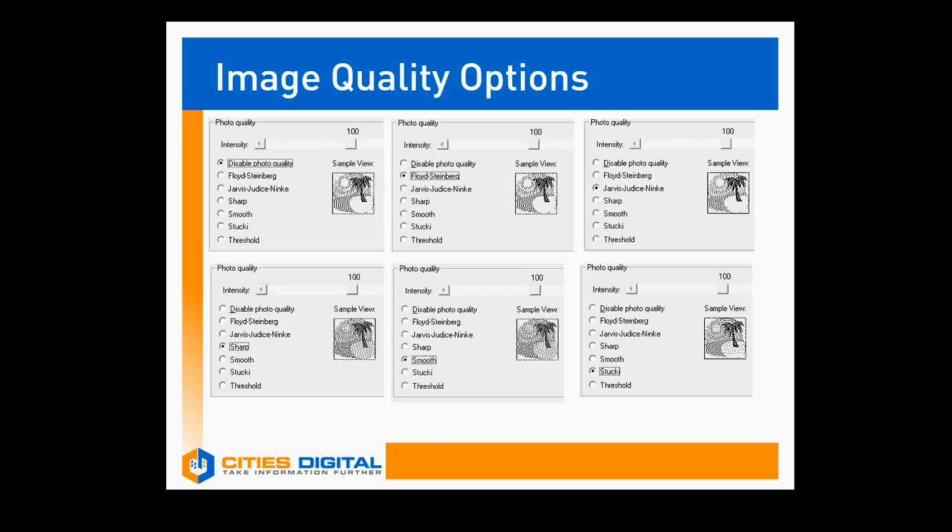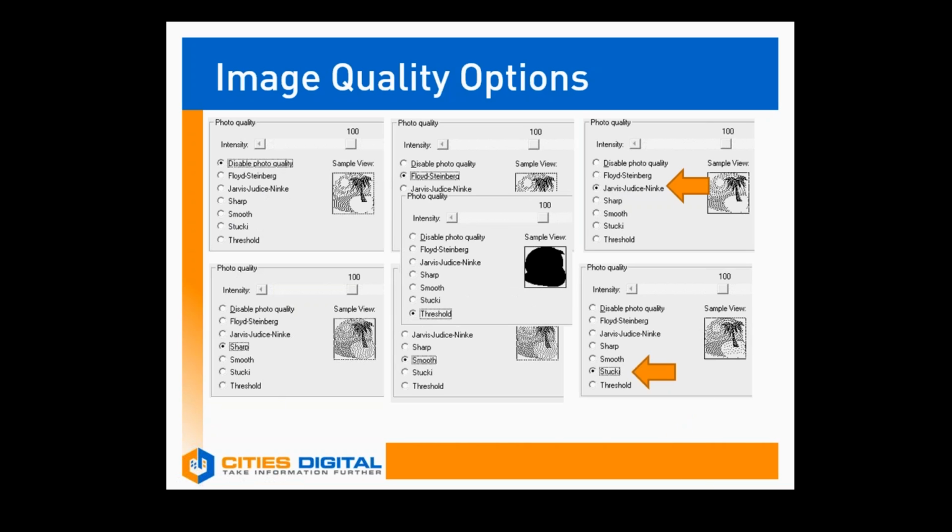All right, image quality options. I have looked at this for years, and I know some of our customers have found specific needs within here, things that they know that they need in order to make certain snapshotted images look right. But I just wanted to show you, I've actually chosen here the different radio button for each one of these options, like the Floyd Steinberg, the Jarvis Judice Ninke, the Sharp, the Smooth, the Stucki, and the Threshold options.